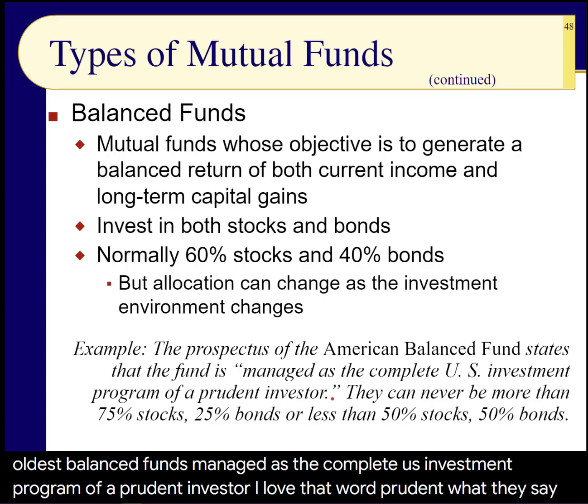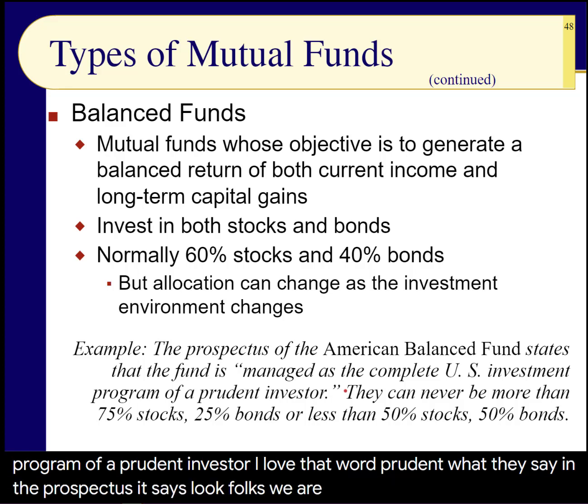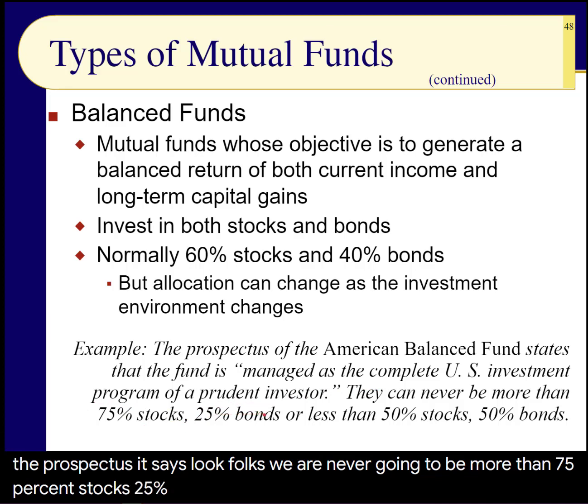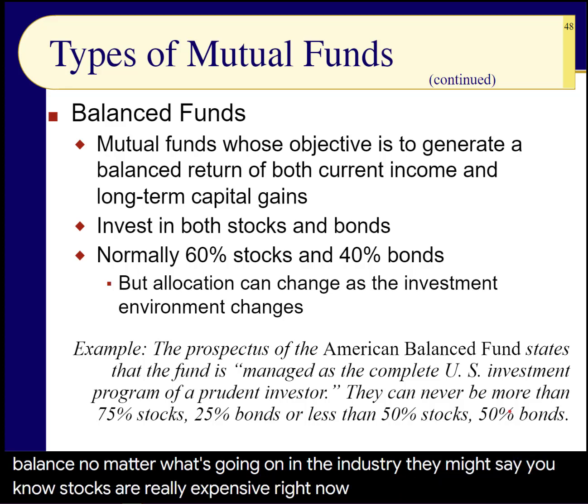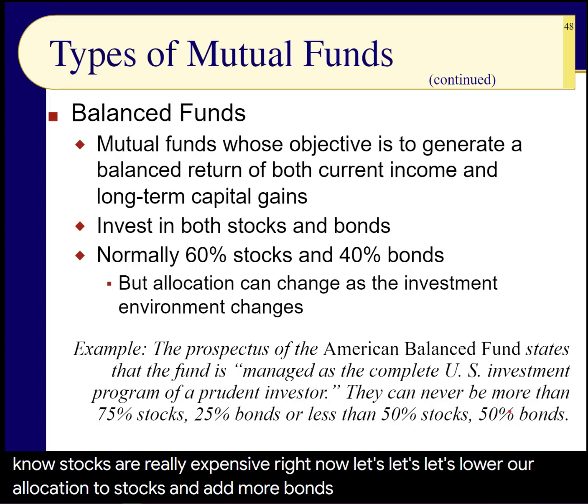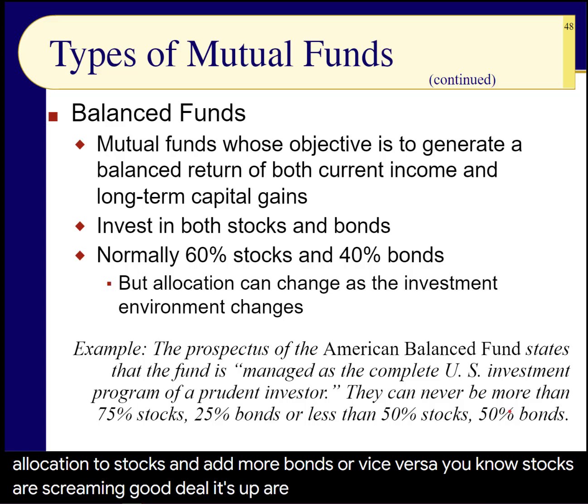What they say in the prospectus is, look, folks, we are never going to be more than 75% stocks, 25% bonds. And we will never be less than 50% stocks, 50% bonds. So they will keep that balance. No matter what's going on in the industry, they might say, stocks are really expensive right now, let's lower our allocation to stocks and add more bonds, or vice versa. Stocks are a screaming good deal, let's up our allocation to stocks.